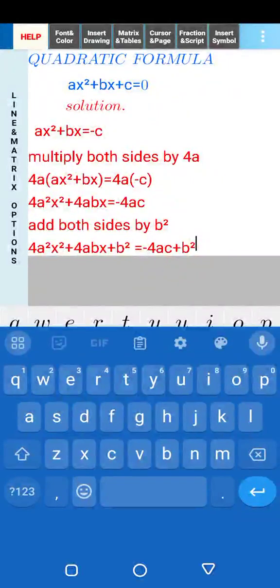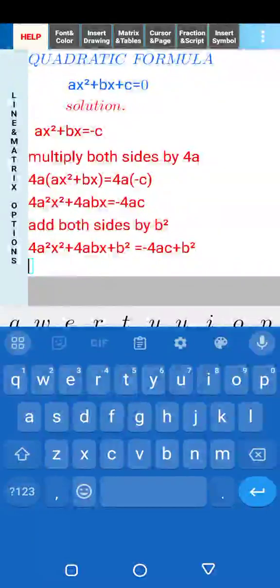Now in this next step, look at the left hand side very well. The left hand side is 4a squared x squared plus 4abx plus b squared. When we simplify it, we express it in the form of a bracket.